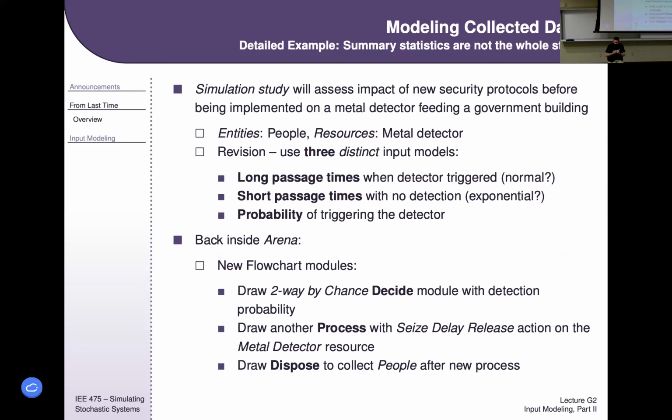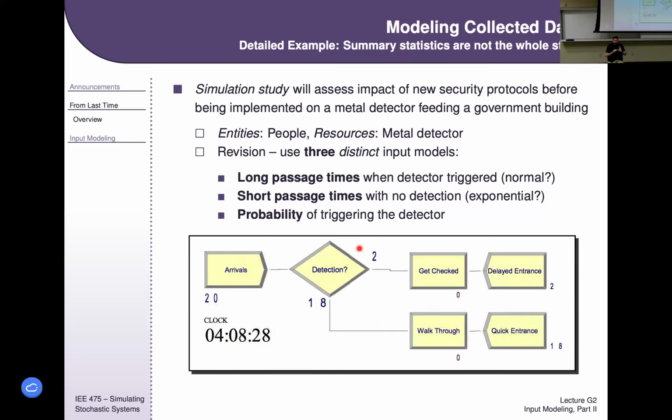So how do I do that? I go in, I drag a decide module in, that's for my probability. I get another process block for the additional input model, and maybe another dispose block so that I can dispose the ones who went straight through the metal detector separately from the ones who went through extra screening. So if I grab all of those, I get a model that looks like this. Everybody arrives at the same spot.